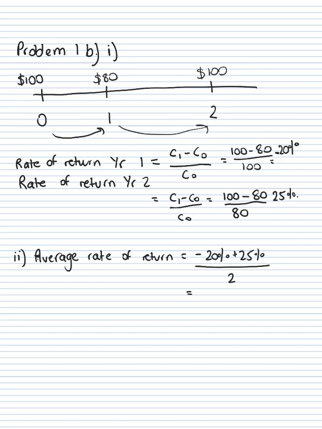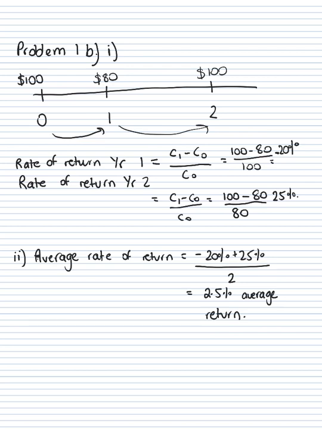So minus 20 plus 25% divided by 2 gives me a 2.5% average return. Now something doesn't make sense here, because if we start with $100 and we end with $100, then we would expect the rate of return to be 0. So this is one of the issues when we calculate rates of return and we just average them over time.